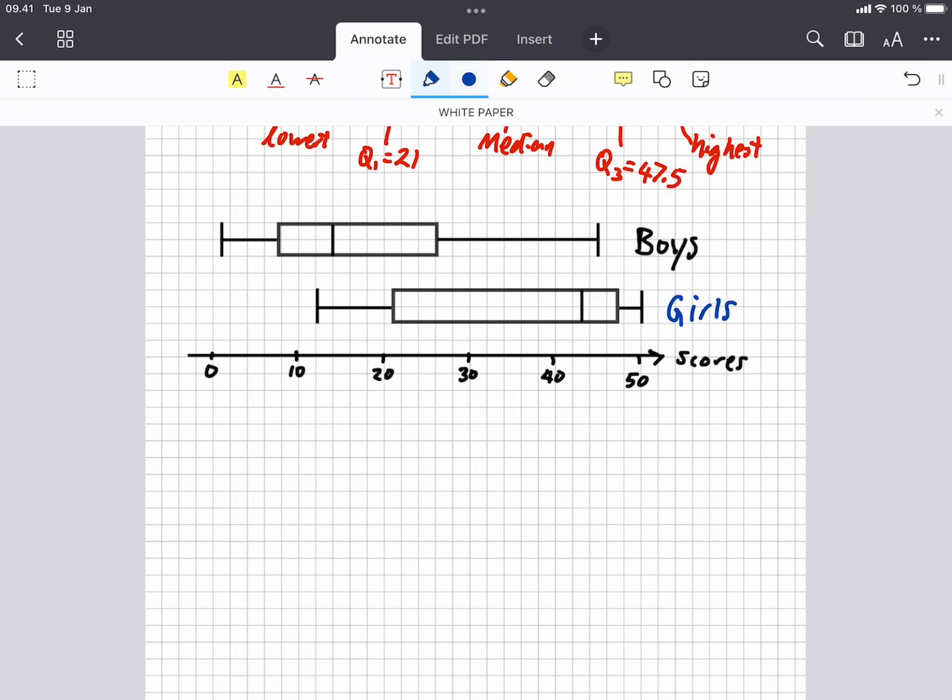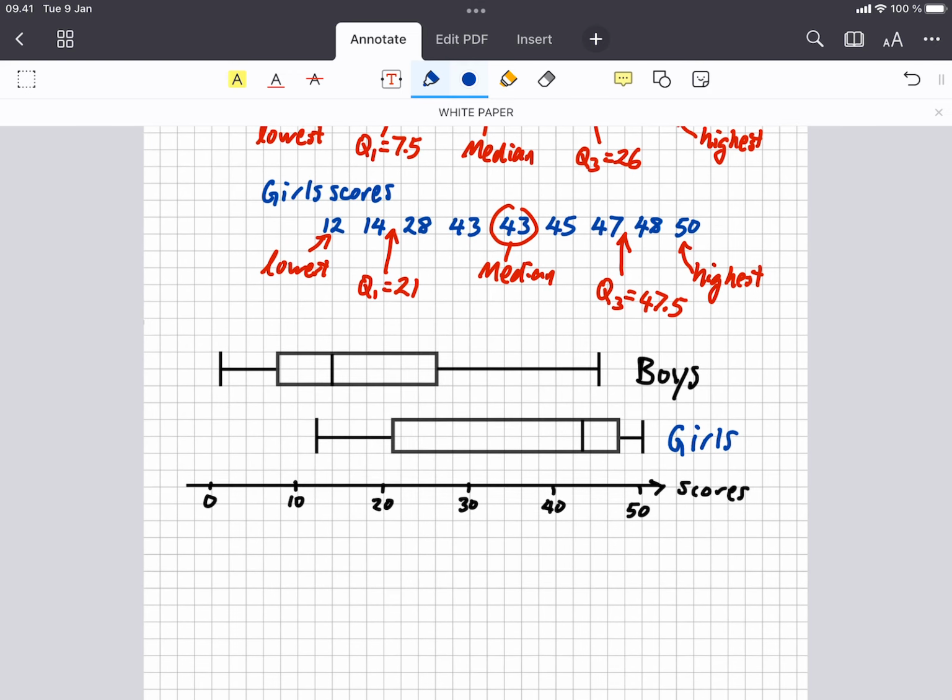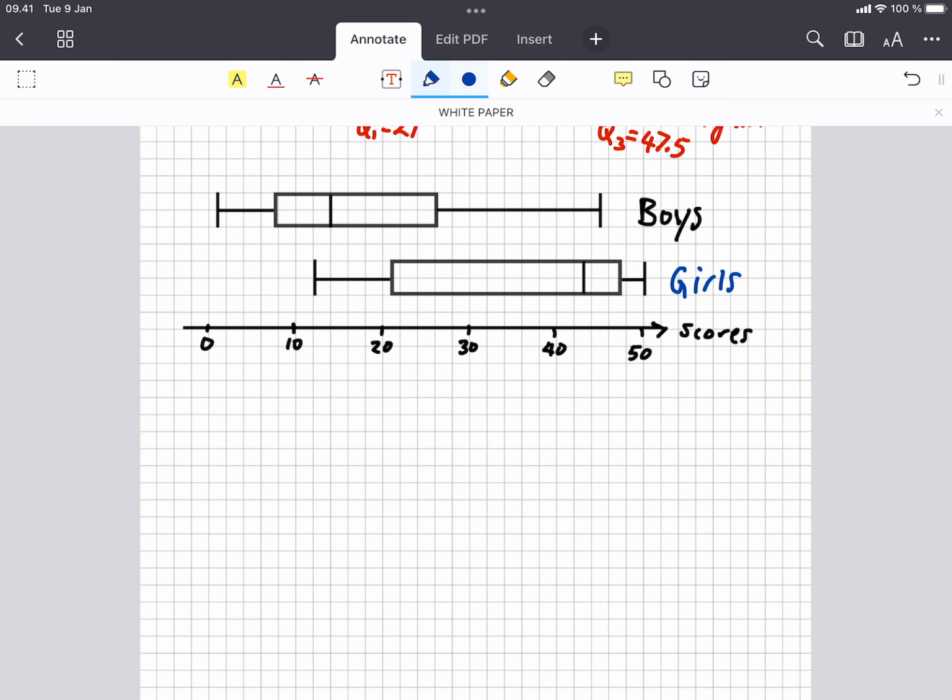So it looks like the boys' scores, well, the range might be higher, but the middle 50%, so most of the data, is a little bit more spread out for the girls. So apart from a couple of extreme values, generally there's more spread amongst the girls' data than amongst the boys' data because the interquartile range is greater.